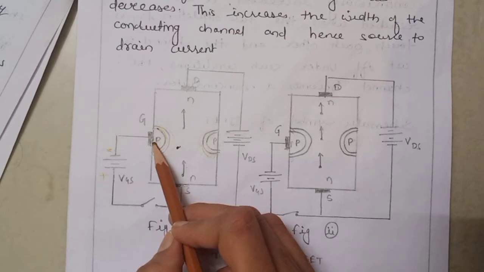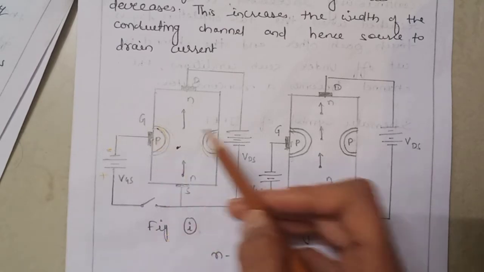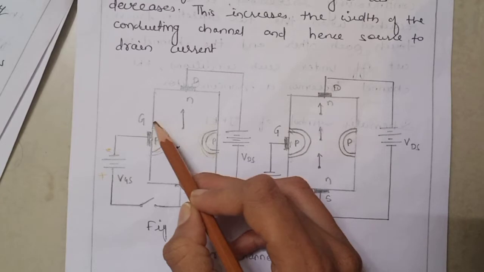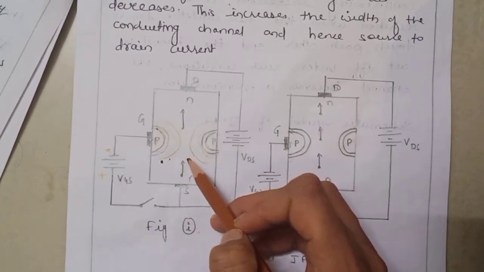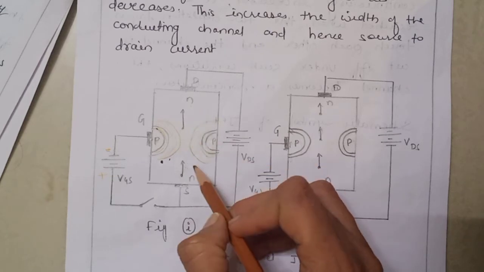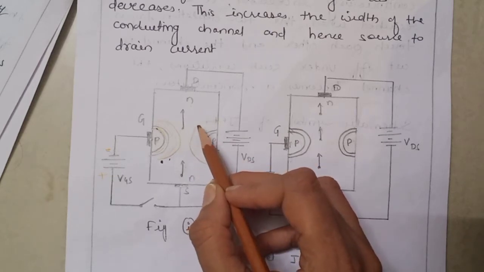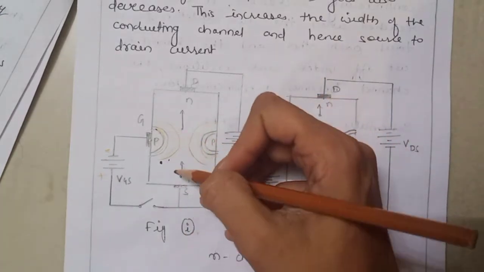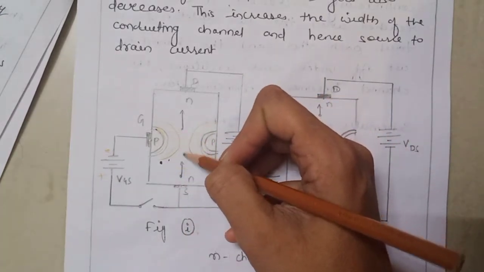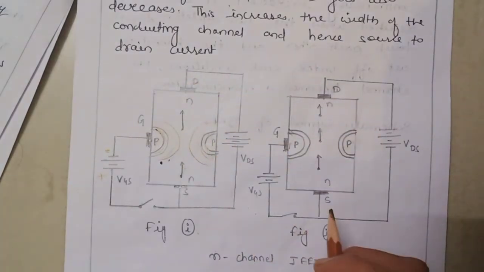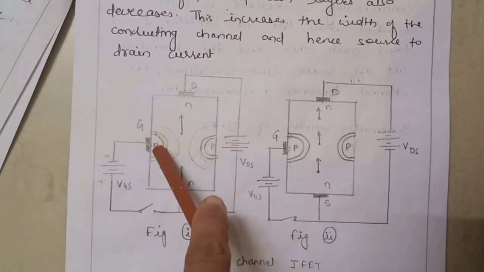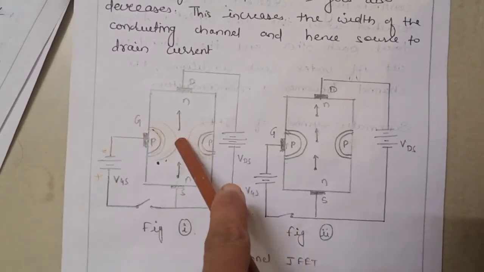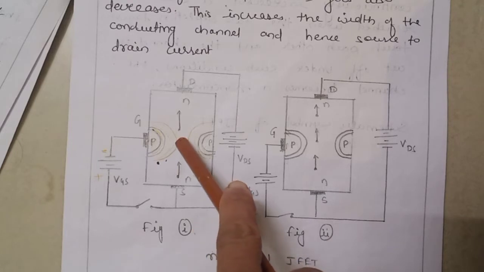The greater the reverse voltage VGS, the wider the depletion layers and the narrower the conducting channel. A narrower conducting channel means greater resistance, and hence source to drain current decreases. So if I apply more and more reverse voltage, the depletion layer increases, the width of the conducting channel reduces, and the drain current also reduces.